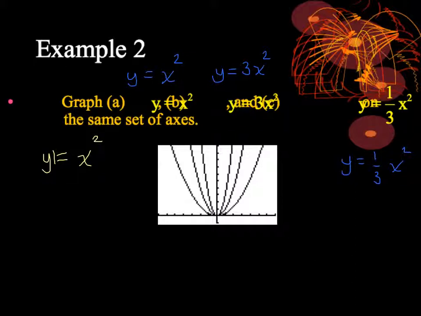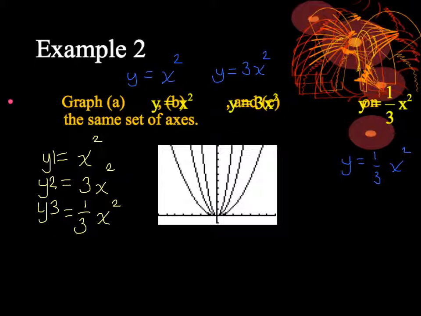I hit enter or the down arrow, and in y2, I entered 3x squared. So that'd be 3x and the x squared button. Then I hit the down arrow, and in y3, I entered y equals 1/3 x squared, or 1 divided by 3, x, and then the x squared button.